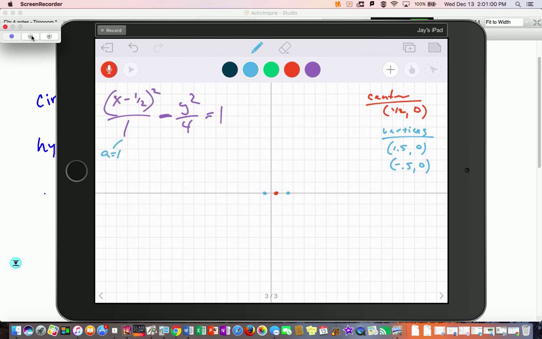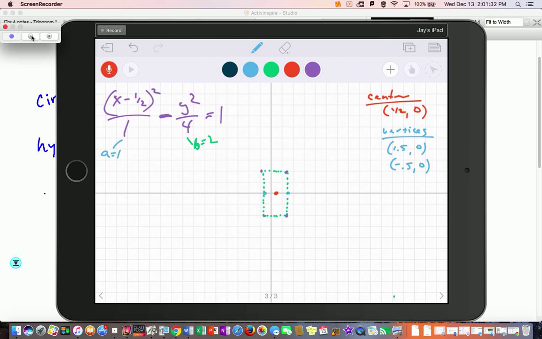Now we don't call them co-vertices, but this b value right here would be 2. And there are different ways, but we're going to go up 2 from the center, down 2 from the center, and then we can do the imaginary box. But the main thing is these corners of the box, you could also count out your slope.